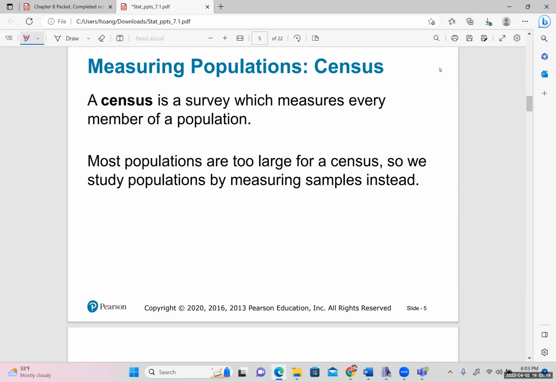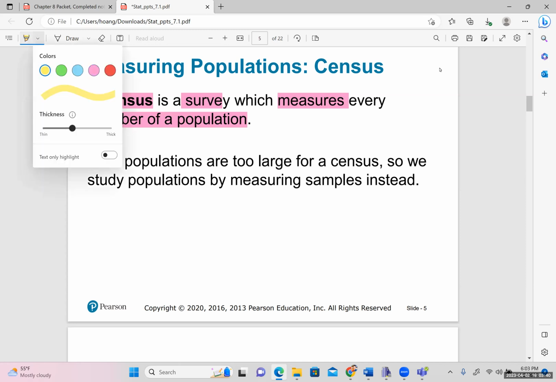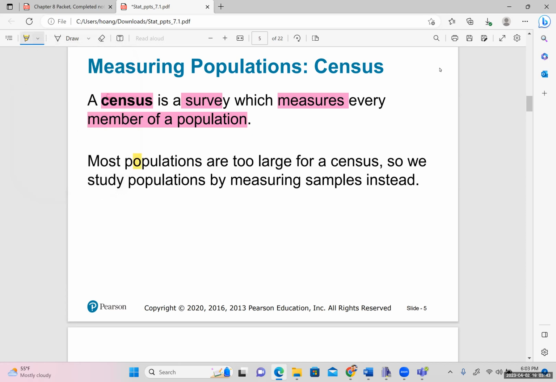So how do we measure populations? Census. A census is a survey that measures every member of the population. Most populations are too large for a census, so we study a population by measuring a sample instead.